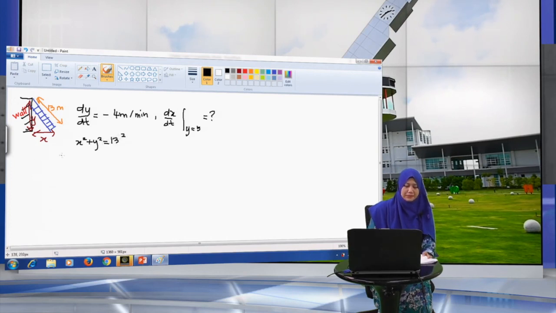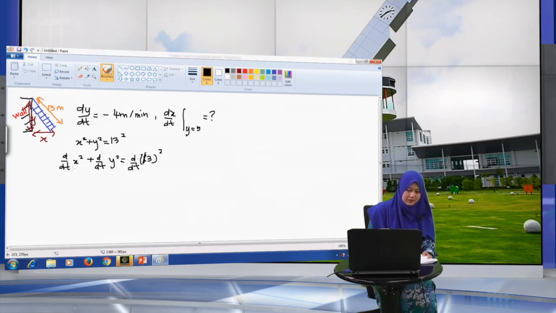By applying implicit differentiation, we get d/dt of x squared plus d/dt of y squared equals d/dt of 13 squared. Sorry, this is 13 squared.